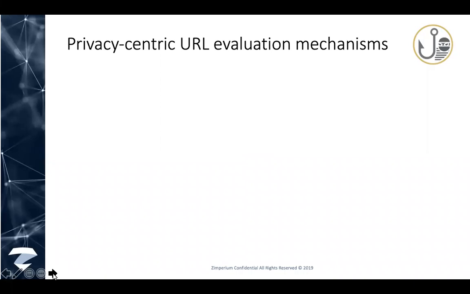One of the strengths that Zimperium has, and part of this really does come from doing all of our detection on device, is we're the most privacy-centric solution out there. When GDPR came out, we didn't have to change the product at all, because all we had to do was say, okay, here's a GDPR setting, don't take that data, don't take that data, don't take that data.